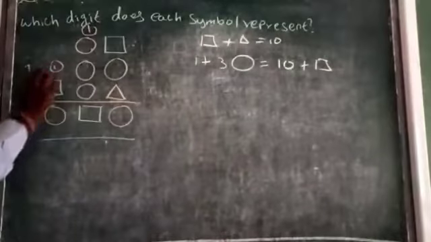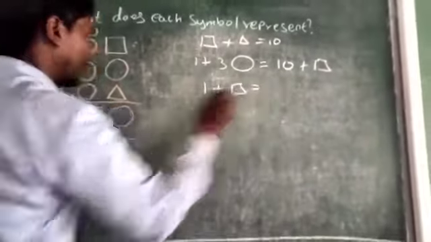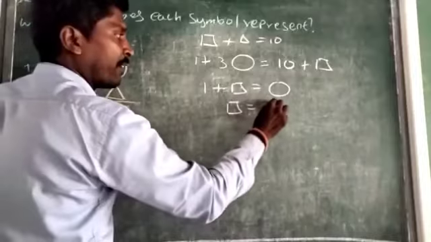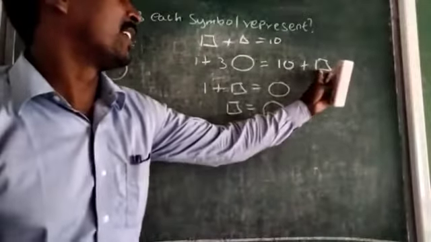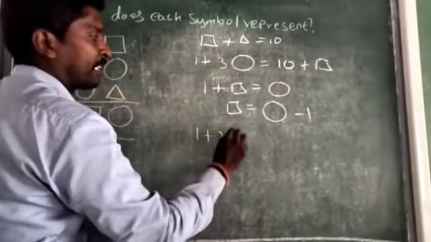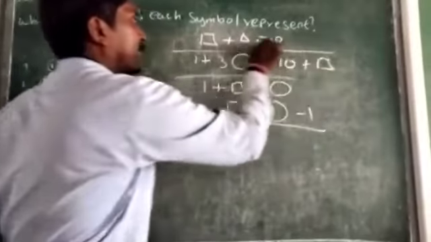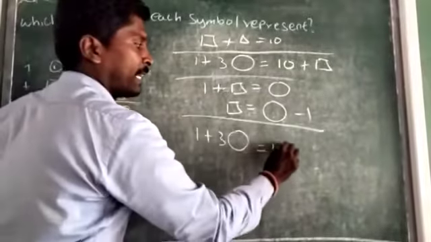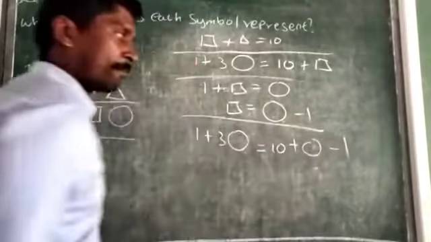Now come to here. So 1 plus square equals circle. So instead of square you can write circle minus 1. Substitute that circle minus 1 here to find the circle value. So 1 plus 3 circle plus 10 plus, instead of square, substitute circle minus 1.